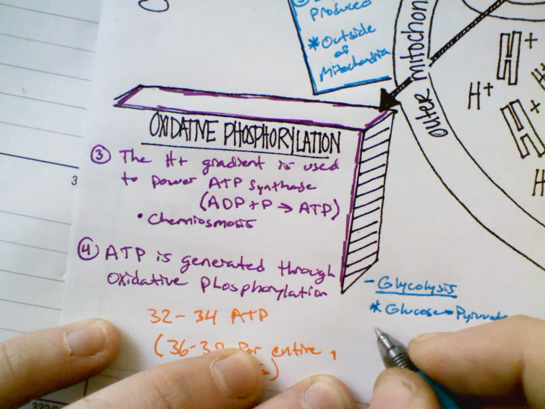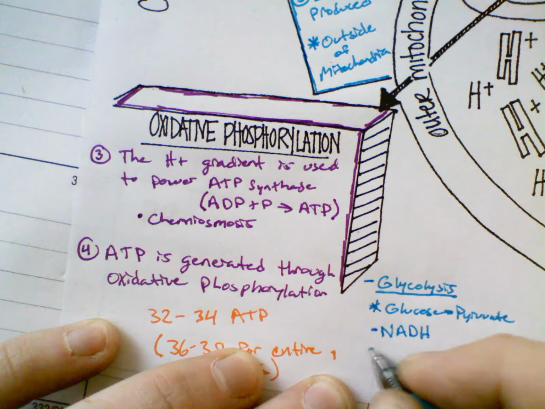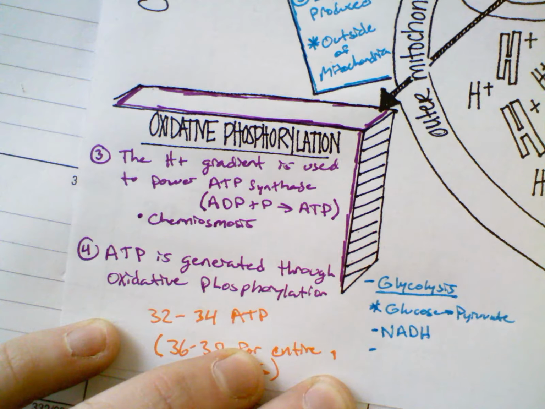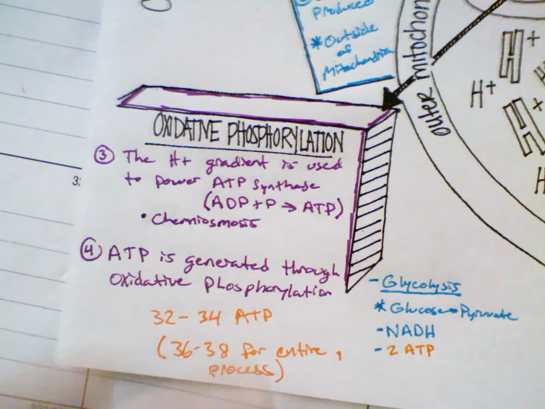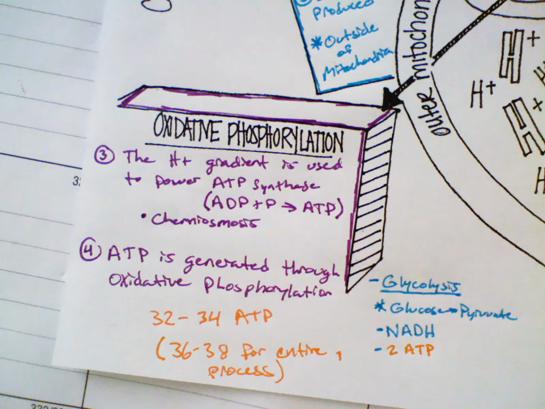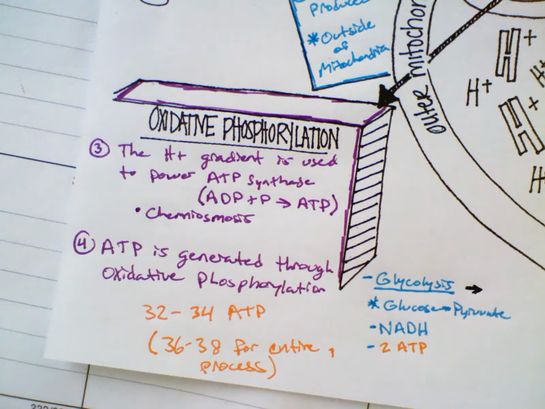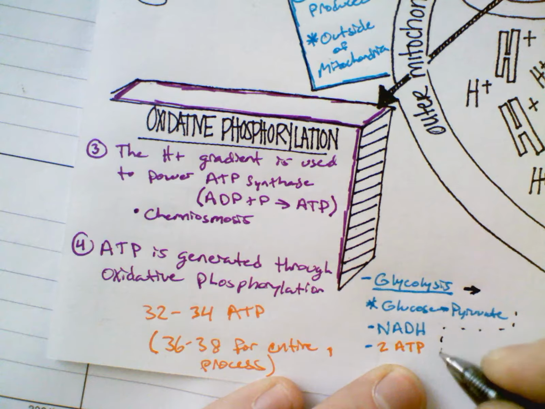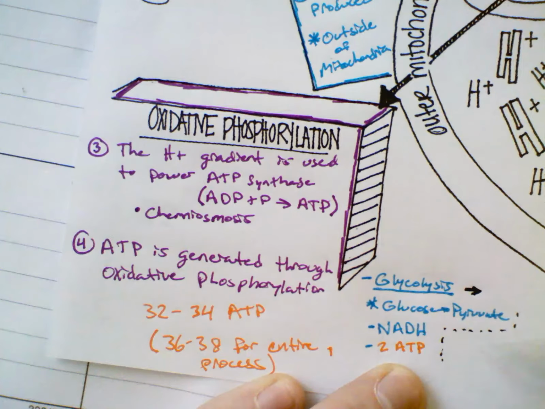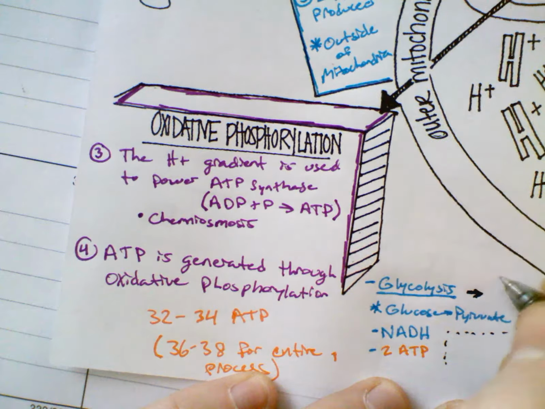Now, along the way, we're going to make NADH, and we're going to make 2 ATP. But the primary function is to generate pyruvate. After glycolysis, that pyruvate is going to enter the Krebs cycle, or the citric acid cycle.